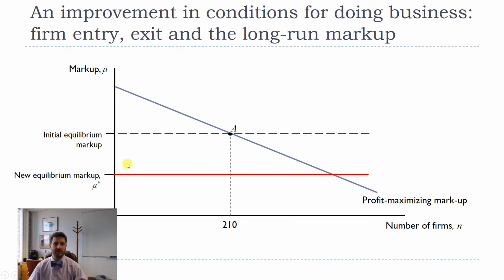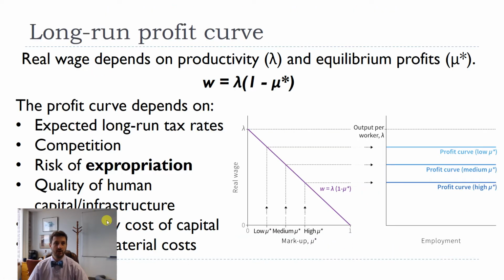Our equilibrium markup will shift down, in this case from the dashed line to the solid line, and we'll end up with firms entering and a new equilibrium number of firms. When we can put these policies in place that help protect profits, help protect firms doing business, that can help countries grow as well.